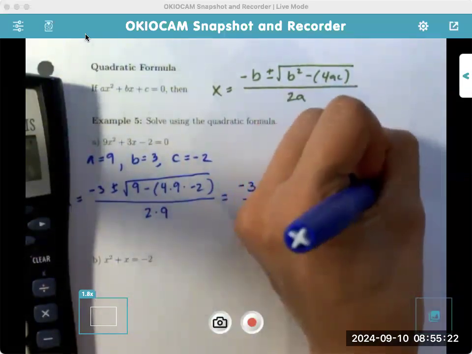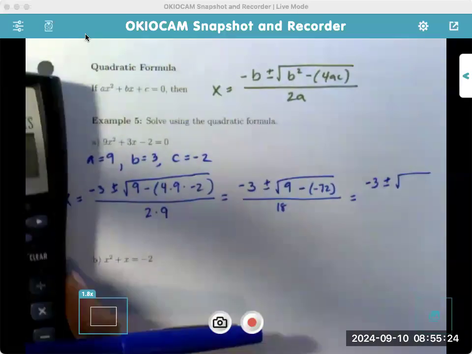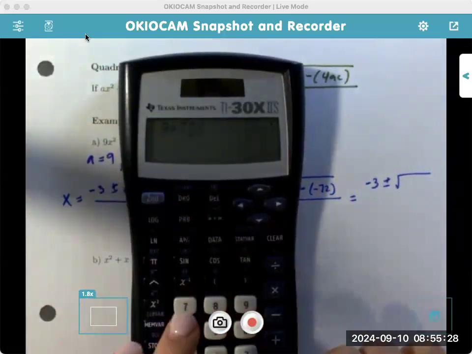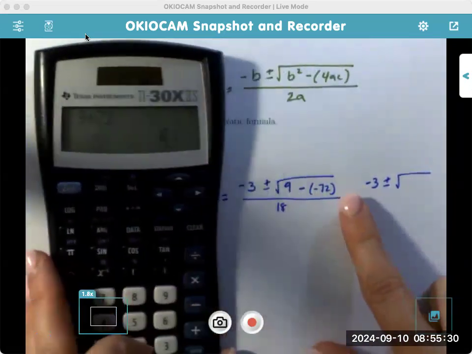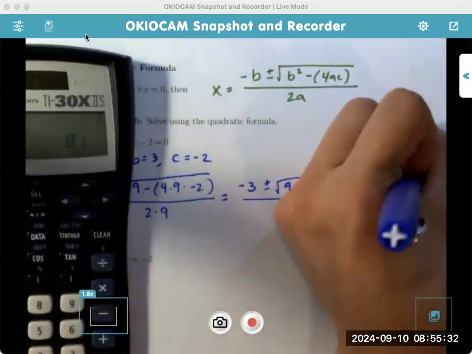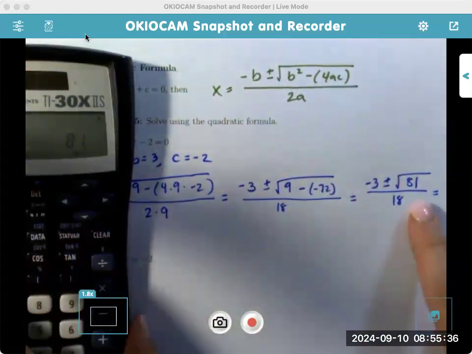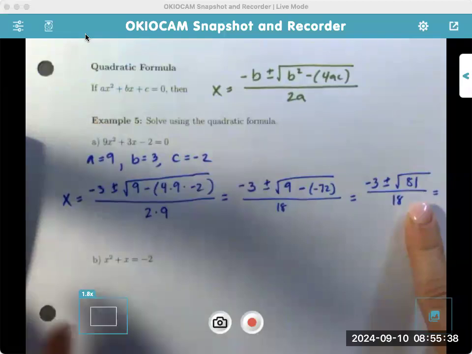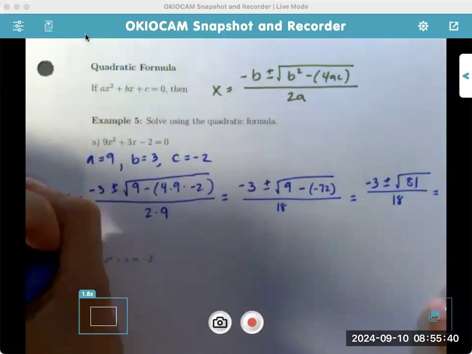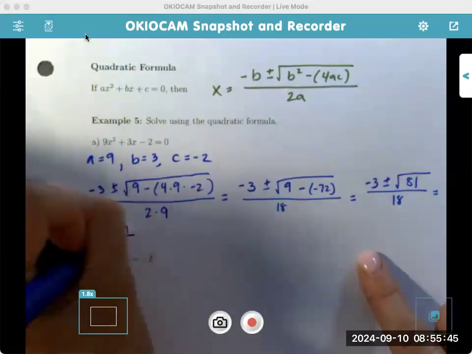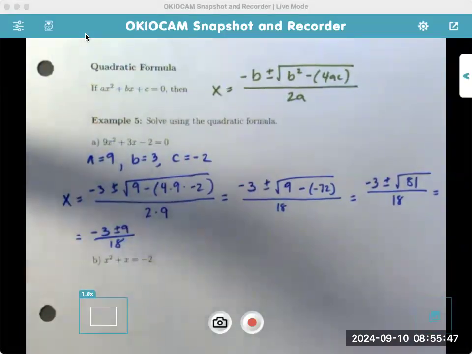So this is -3 plus or minus the square root of 9 plus 72, right? Because the double negative, which is 81 over 18. Now the square root of 81 is what? 9. So -3 plus or minus 9 over 18.